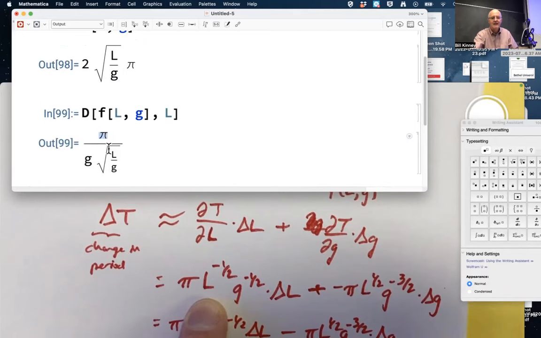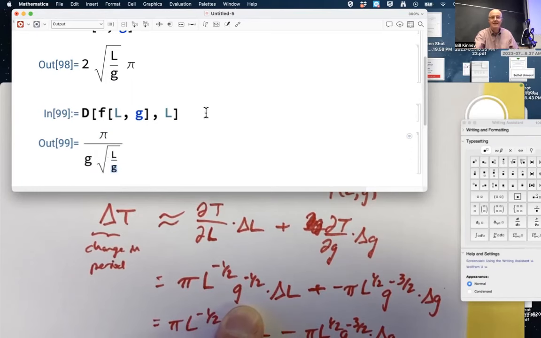Pi, there's the pi. I see a square root of L effectively in the bottom. That's the same as an L to the negative 1/2 in the top. And the G here and the square root of 1 over G here does simplify to just square root of G in the bottom. Because it's in the bottom, it's like G to the first times G to the negative 1/2. Add the exponents, 1 plus negative 1/2 is 1/2. I do have effectively a G to the 1/2 in the bottom, which is the same as a G to the negative 1/2 in the top.